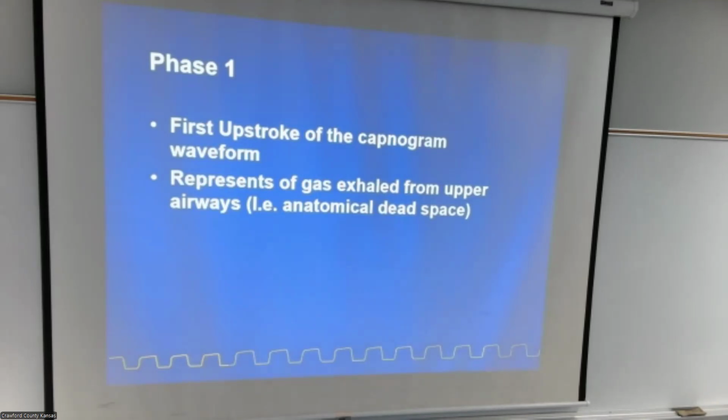So our first upstroke of capnography, phase 1, is going to represent exhaled gas from the upper airways. This is also secondary to dead space. And something we need to remember when we're doing our end-tidal CO2 monitoring, dead space is a big thing. Dead space can come from vent tubings, all your upper airway in your oral, nasal, pharynx, all that is dead space.